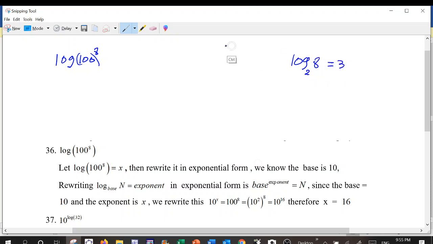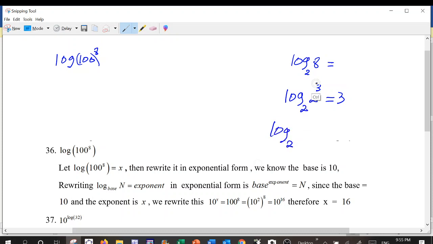So if I don't give you the 3 here, you should know the answer is 3, because you know that 8 is 2 to the third power, and you know the answer is 3 because we can simplify it, right? These two cancel each other. So it's not that easy to find log base 2.